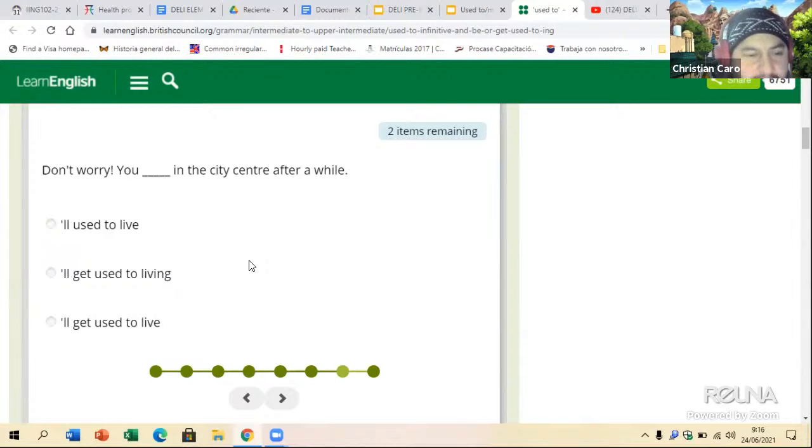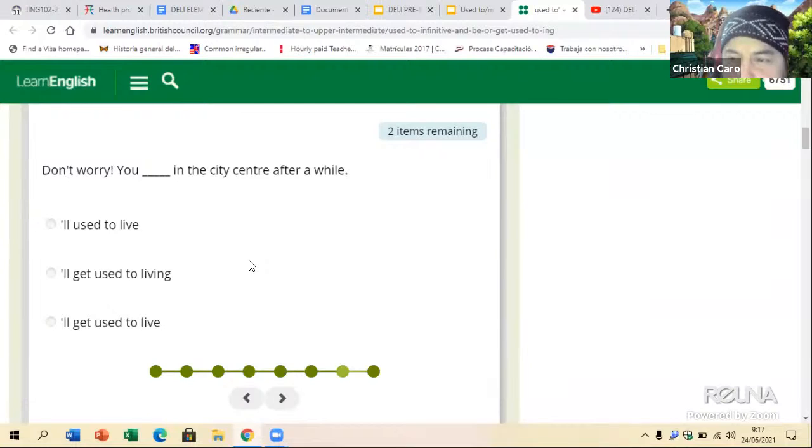Vicente, get used to live. Any other opinion? Remember the structure of used to, be used to, and get used to, the forms, the combinations, of the verbs.